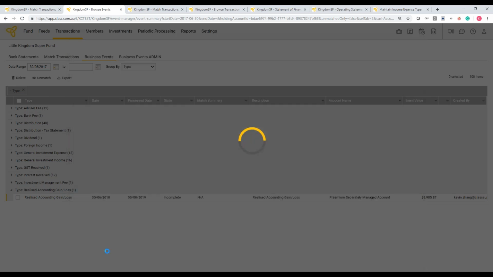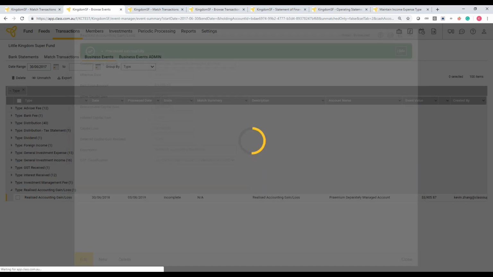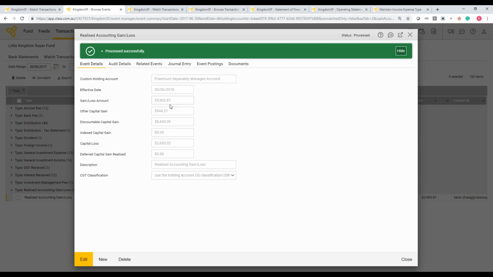Okay, how do I calculate this 3905.87, you may ask? Now, this is effectively a balancing item between what's in the wrap account and what's in the, what's the word I'm trying to say? The cost base of the wrap account and what's reflected on the statements.